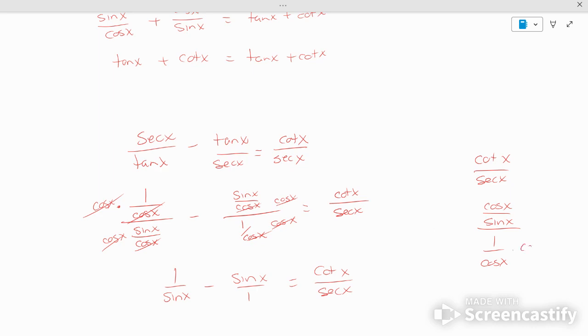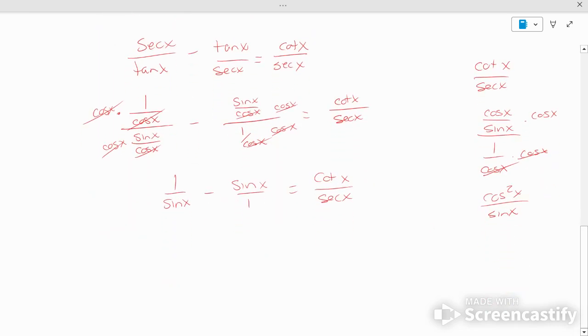So then if you multiply by the denominator of the denominator, you get cosine squared of x over sine of x. I bet I can get to 1 over cosine. I bet I can get to cosine squared over sine squared over sine. What I have to do is make these into one fraction, right?